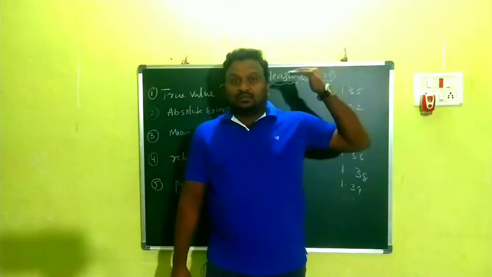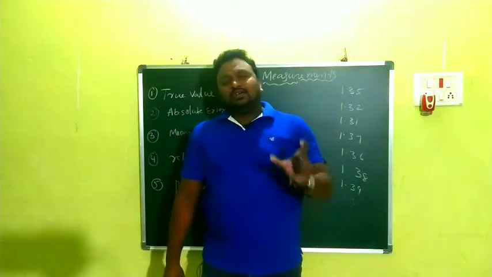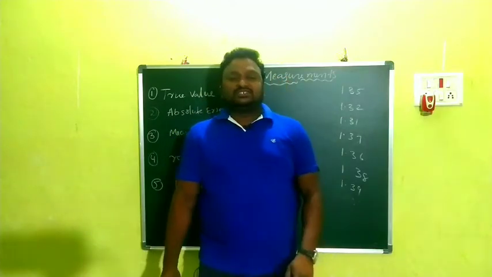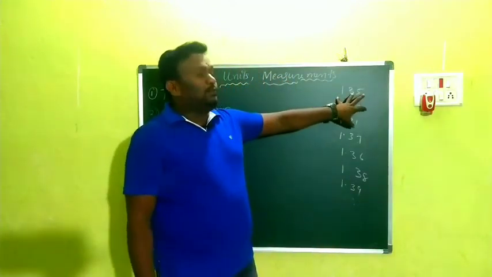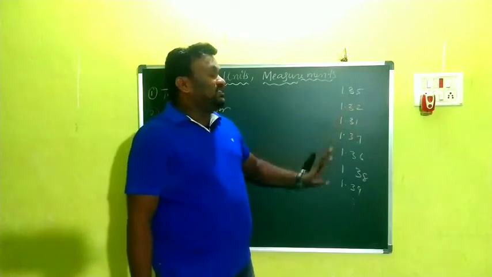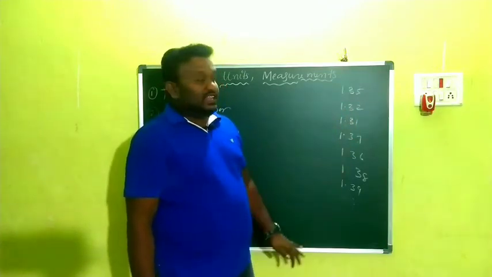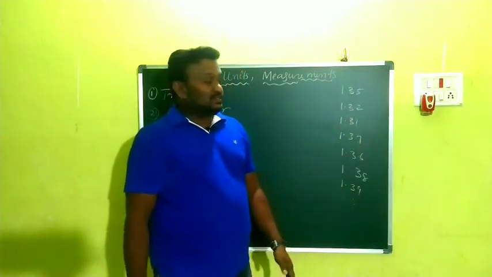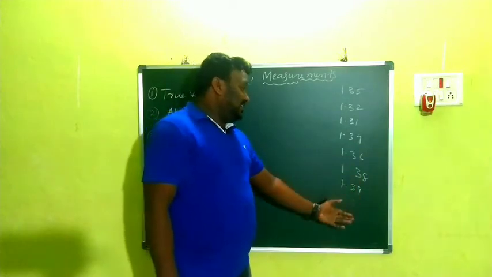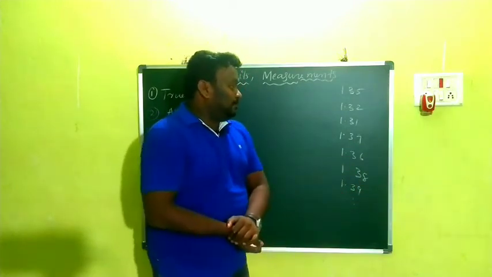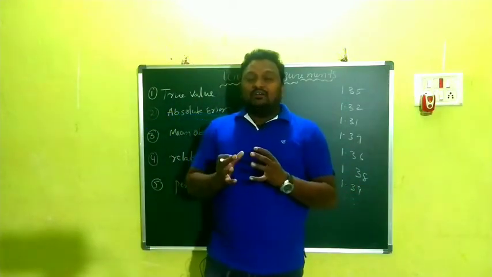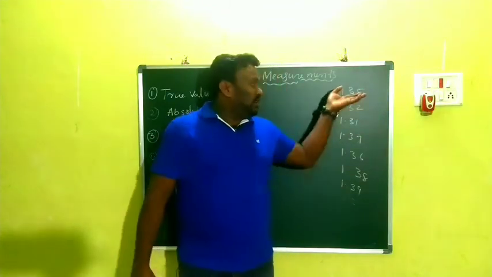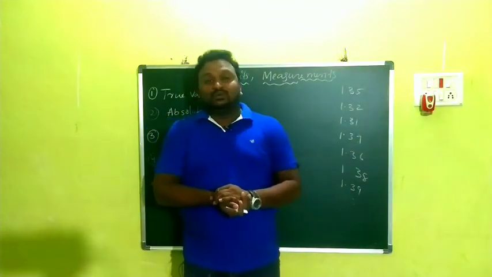First time, using the same glass plate and the vernier calipers, they got 1.35, next 1.32, next 1.31, next 1.37, 1.36, 1.38, 1.39. All these are what we call measured values.